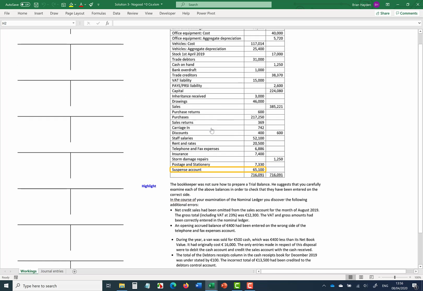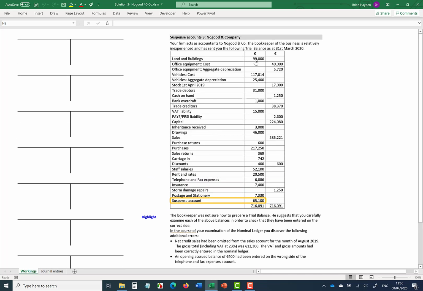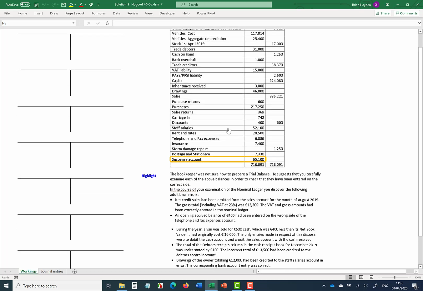So when we go into the detail of this question, we'll be looking at each item and its balance value, and we need to identify, is each value in the correct column? And this gets back to the mnemonic DEAD CLIC, so the understanding of debit for expenses, assets and drawings, and credit for liabilities, income and capital. And we'll be looking at that in the course of this particular video.